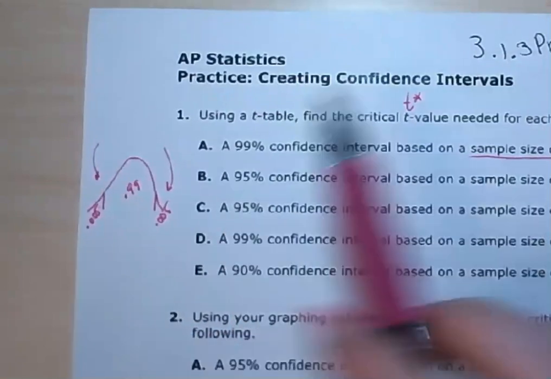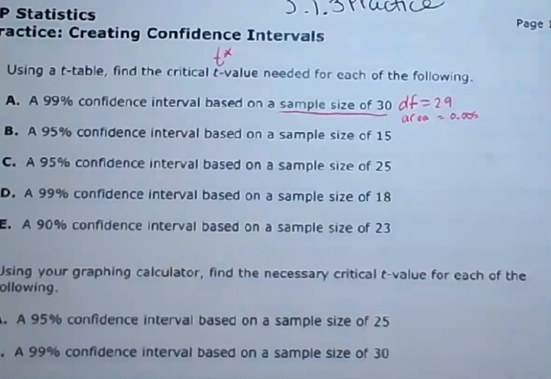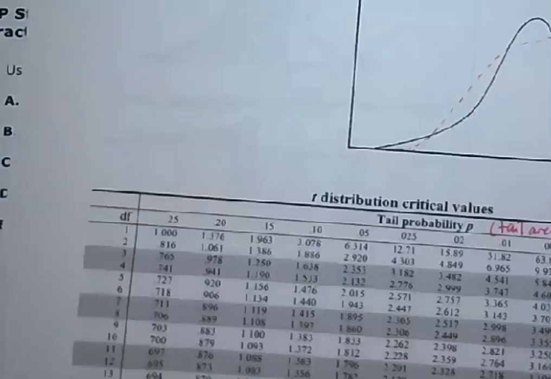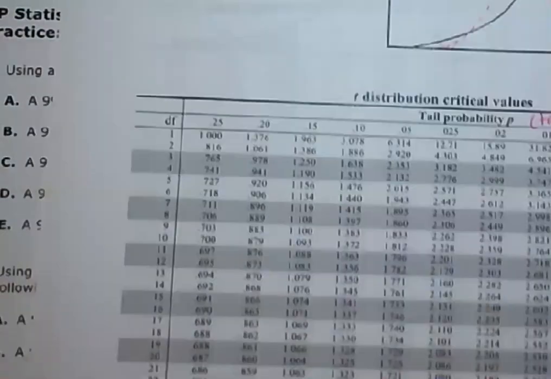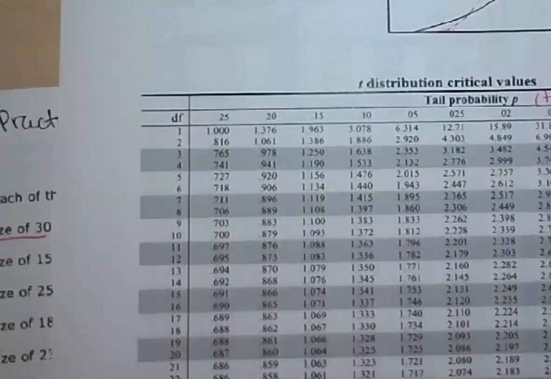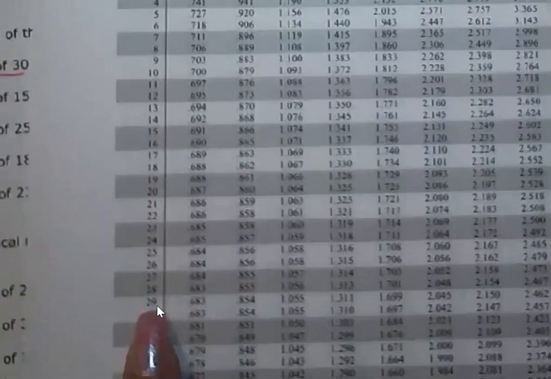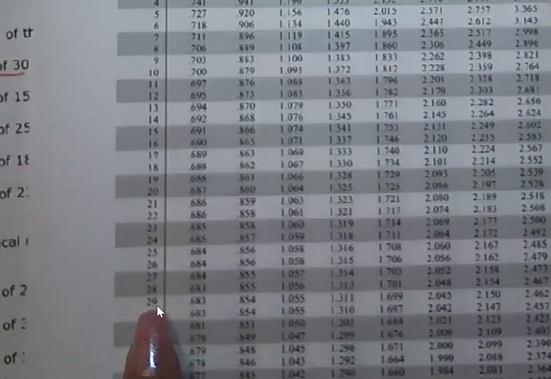So now that I have the two numbers that I need, I can go ahead and grab my table and find this number. So we're looking for a sample size of 30, means degrees of freedom 29 down here. And let's see, our area was 0.005.